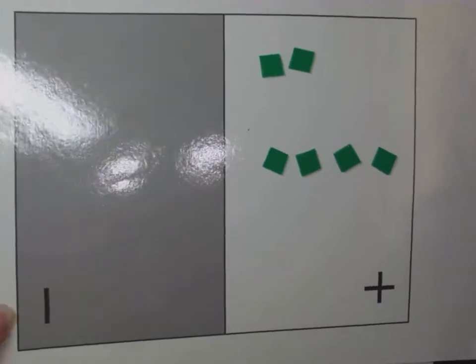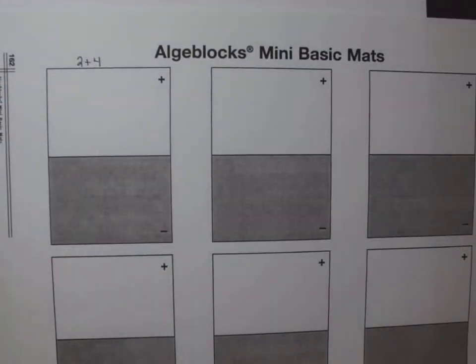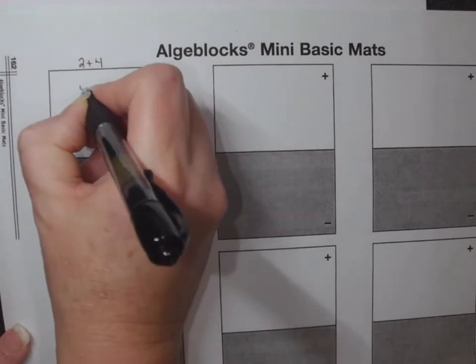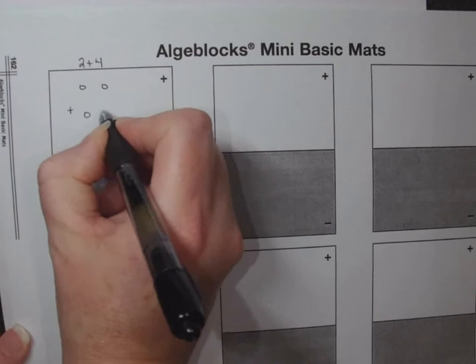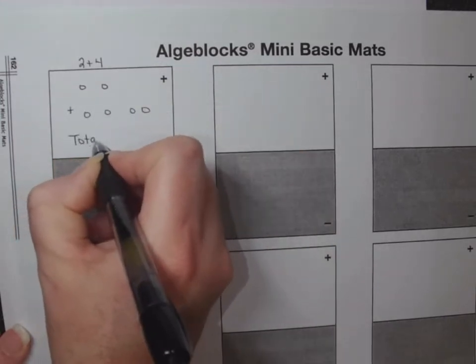So when you're doing these on paper, you might want to get like a red pen out. I usually use red for negatives and then just black for positives. So what you had, and I'm going to show the little units not as squares but as little circles, and then I'm going to add 4 for a total of 6.